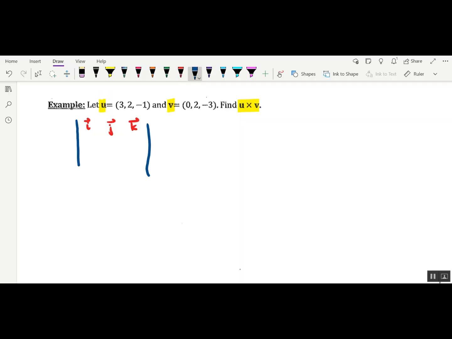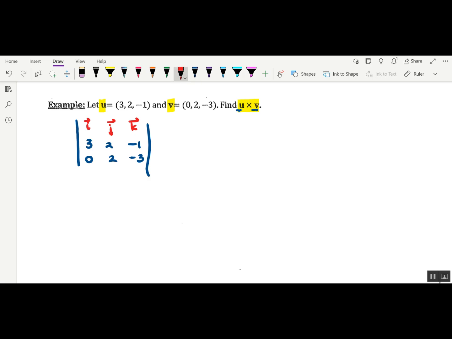Since we're trying to find u cross v, we put the components of u in the second row, 3, 2, -1, and the components of v in the third row, 0, 2, and -3.